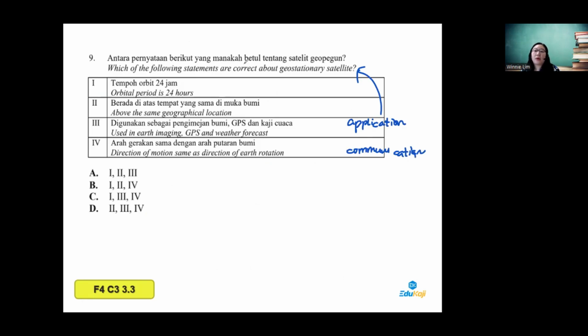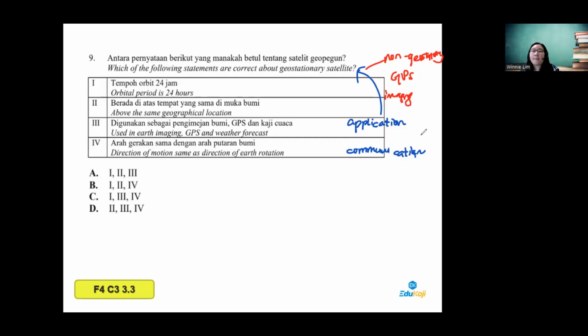So you will use those satellites which are geostationary, and then you have another classification of satellite which is called non-geostationary. Normally they focus more on GPS, and then you have imaging. That's why it will always change direction, like you go here and there.